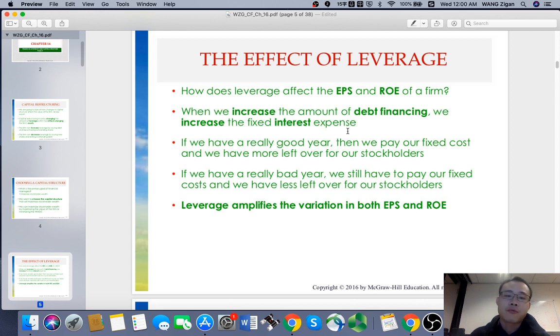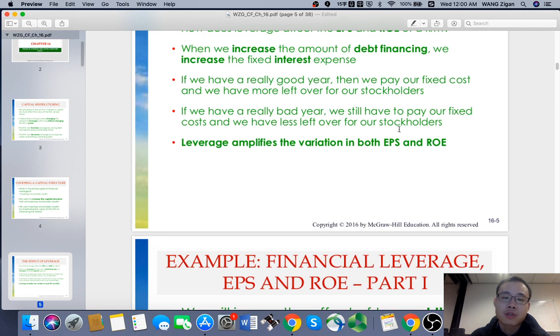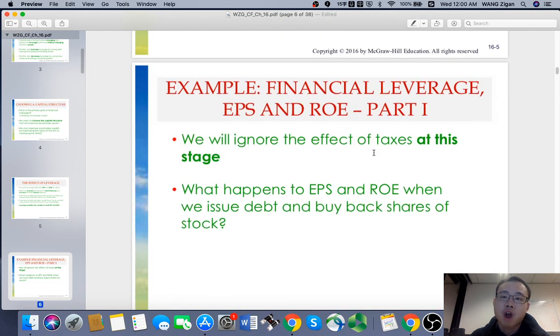If we have a good year, then we pay our fixed costs, then we have more left over for our stockholders. If we have a bad year, we still have to pay the fixed cost, and we have less left over for our stakeholders. So leverage amplifies the variation in both EPS and ROE.